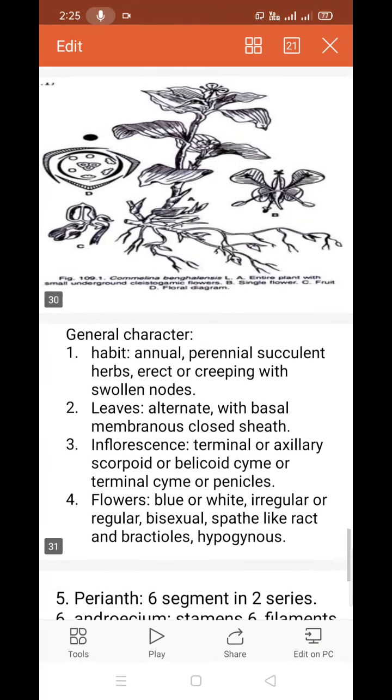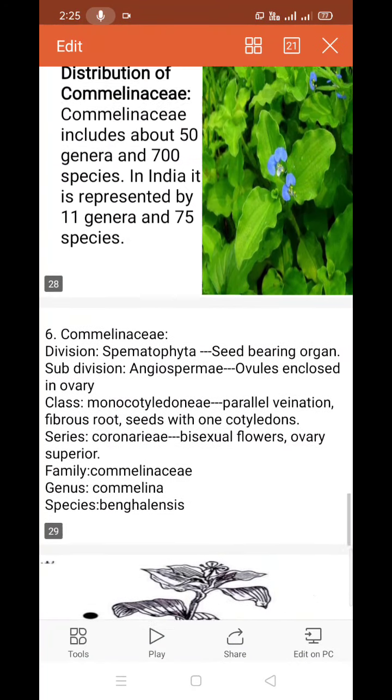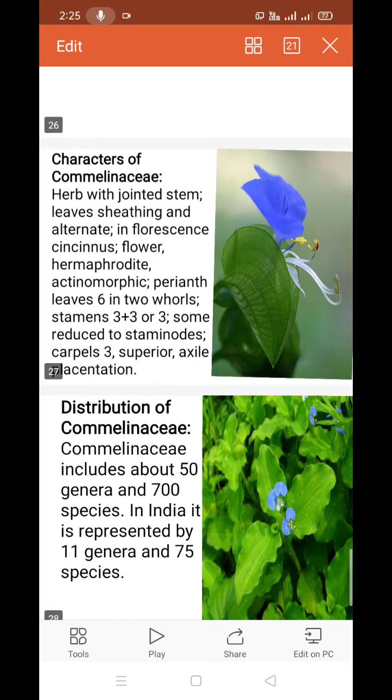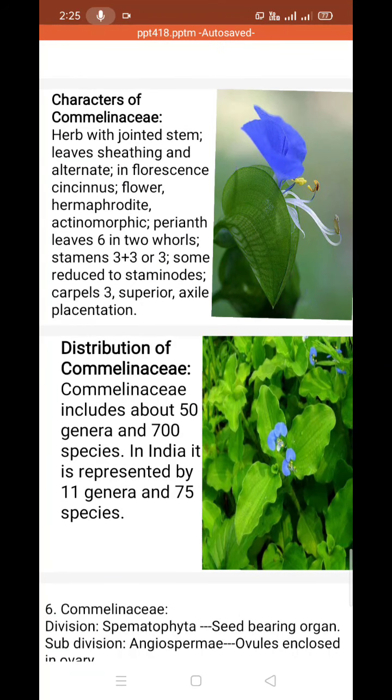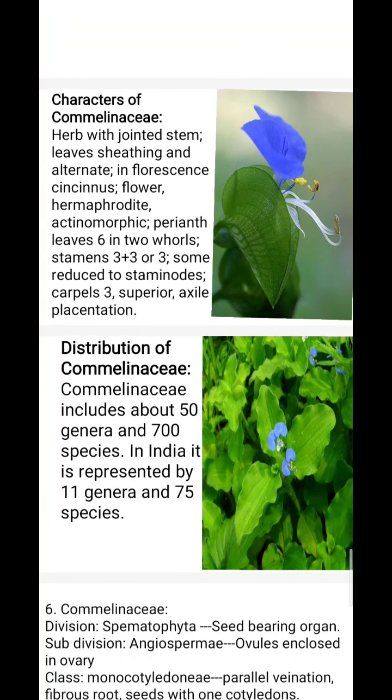So first keep in mind that this is a family of monocots. Firstly you have to mention the distinguishing characters, which are very important to find out the family of these plants.